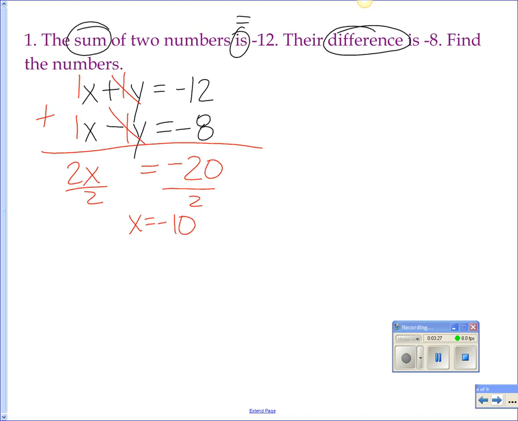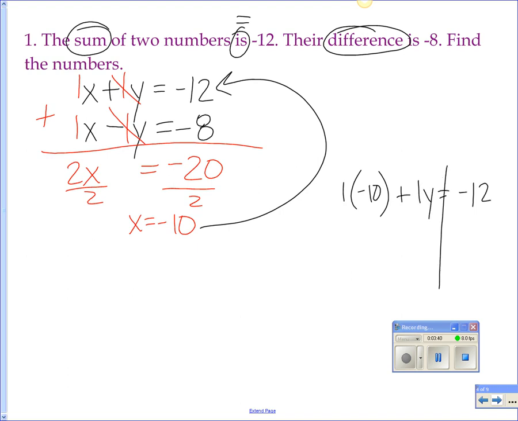All right, Joey, help me plug it into this top one. What do I write? Good job, Joey. Perfect. All right, Chuck, what happens there? Good. I multiply these. Andrea, what do I do next?